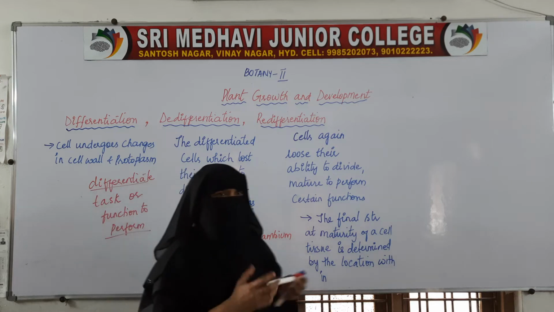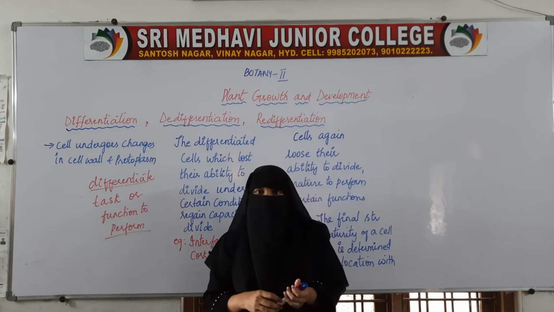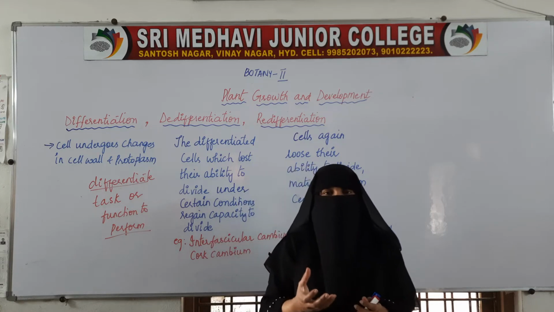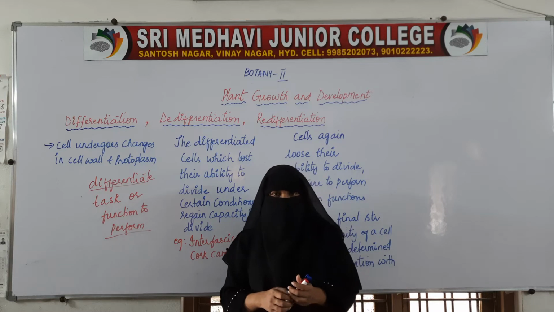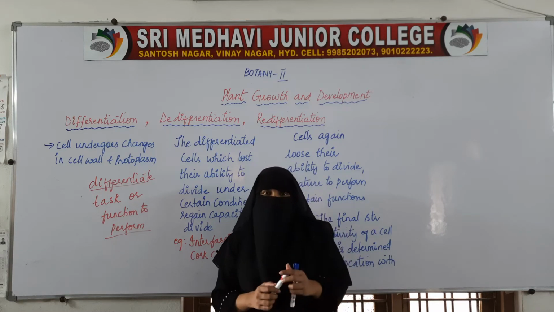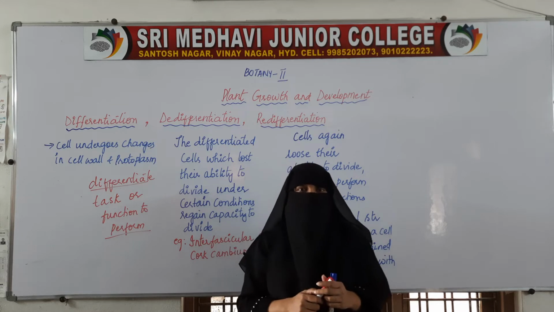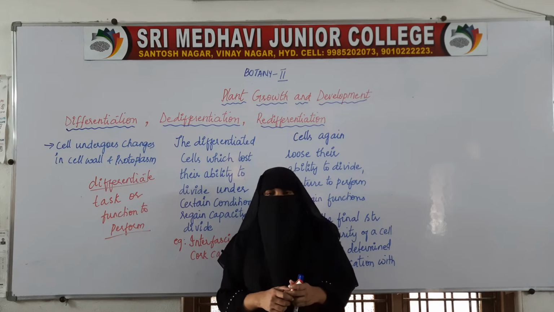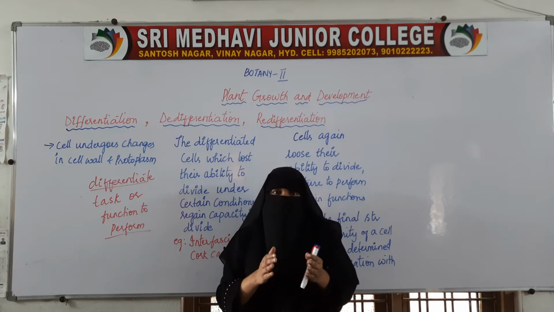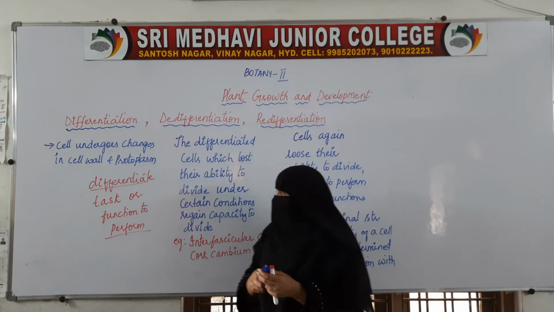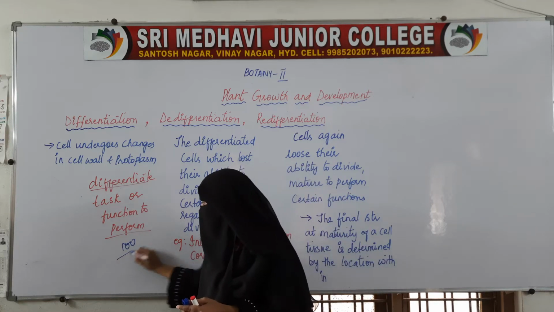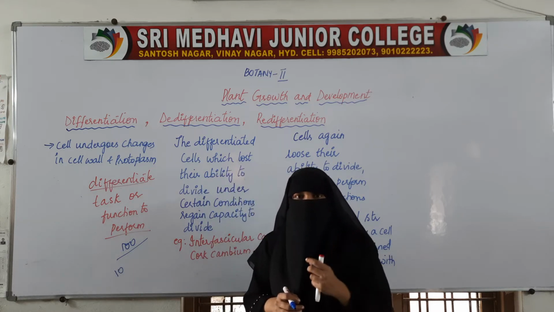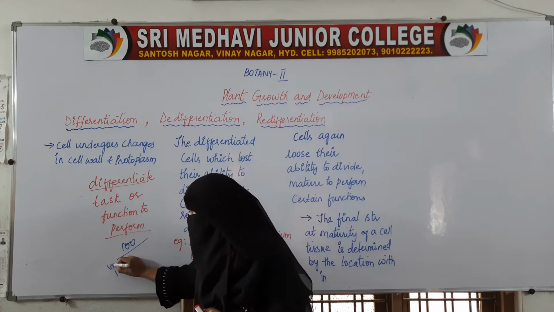For example, after the formation of the zygote, the zygote will be continuously dividing by mitotic division and it produces a mass of new cells. If there are 100 cells, out of these 100, 10 cells will be given the function to transport water.